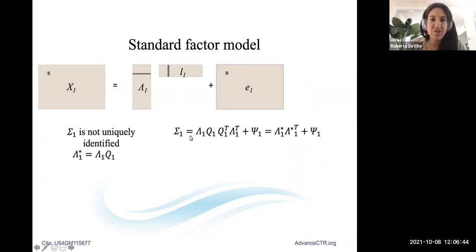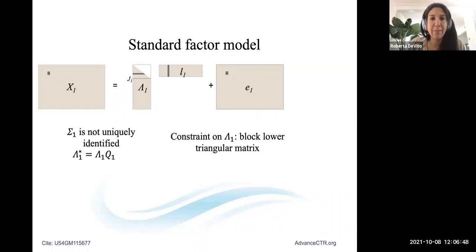So statisticians try to solve this problem by imposing some constraint on the factor loading matrix. For example, on this occasion, we are imposing a block lower triangular matrix. So we are not estimating this white triangle here, but we are imposing many zeros.